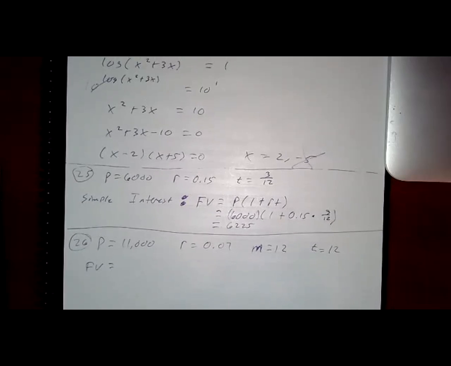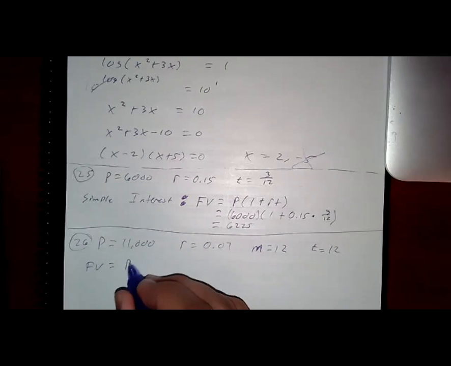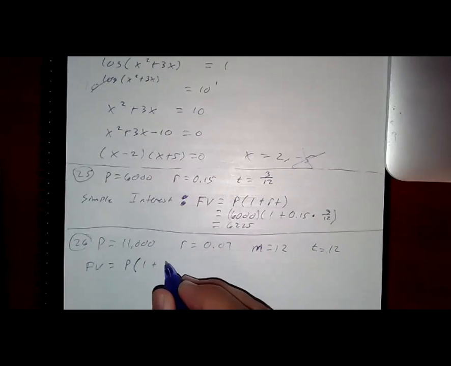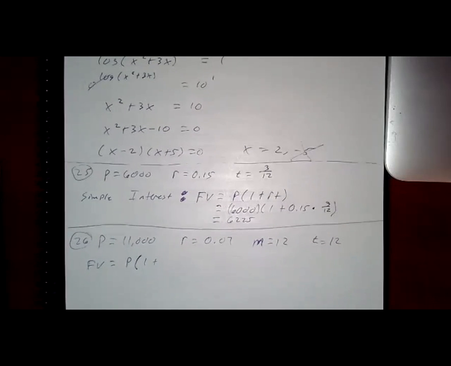Okay, the formula is P times, no, I think it's 1 plus, no, I forgot, let me go check. 5.2, compound interest.